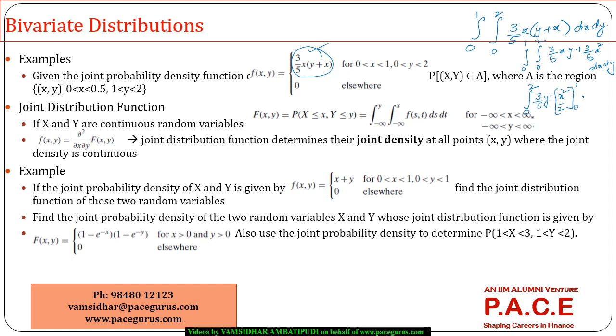Then similarly 3 by 5 times x squared integral is x cubed by 3. This is also, so let me take a blank sheet so that we can do this much better.